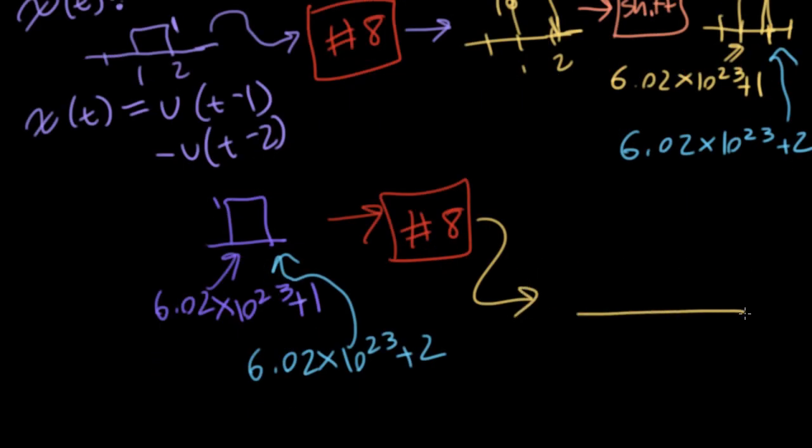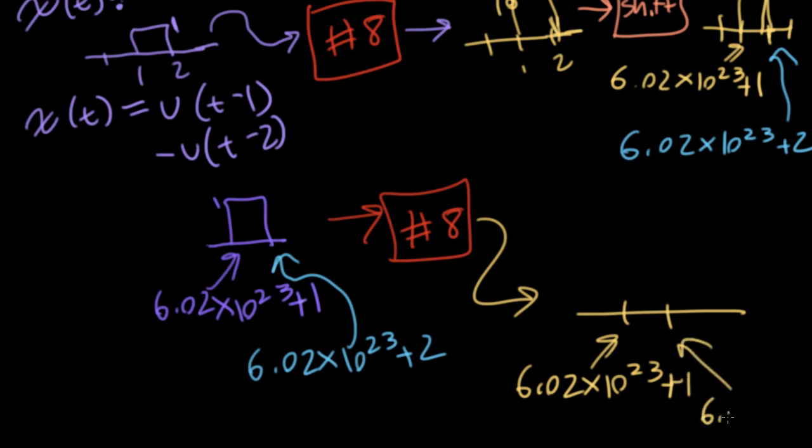What comes out of here now? Okay, well, I'll still have a function going from 6.02 times 10 to the 23rd plus 1 all the way up to 6.02 times 10 to the 23rd plus 2. This is a really ridiculous example. But now, there's no way I can even draw this to scale as I was before. Because think about where this function is going to go.